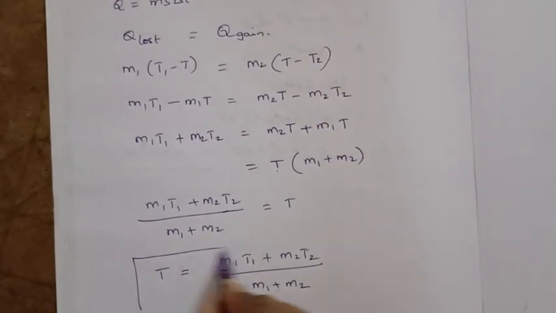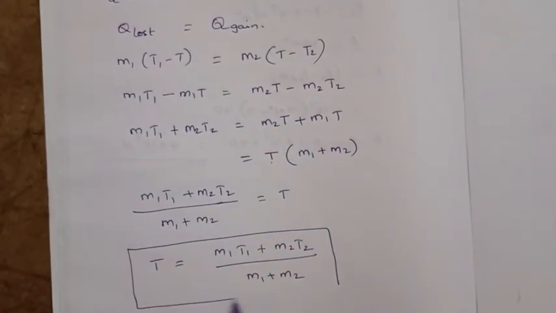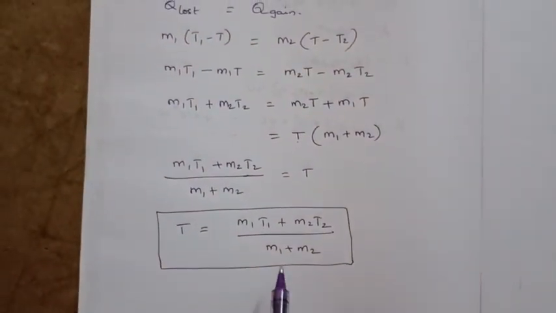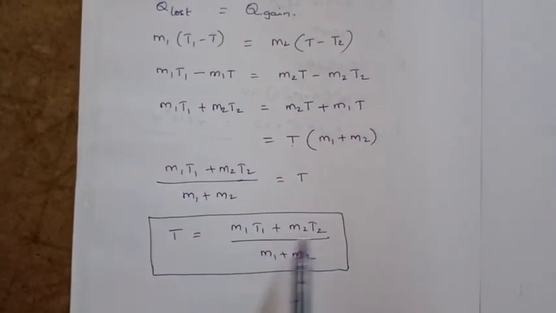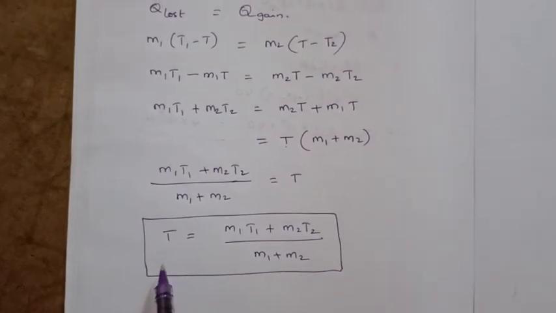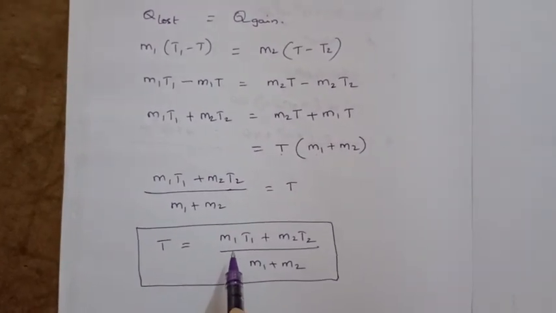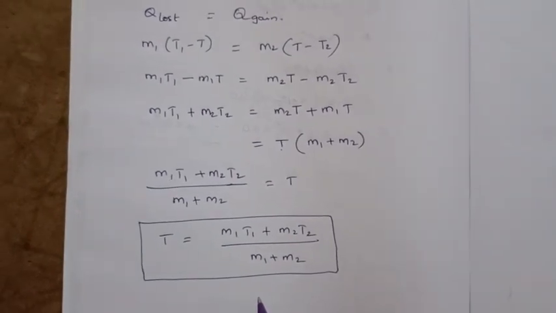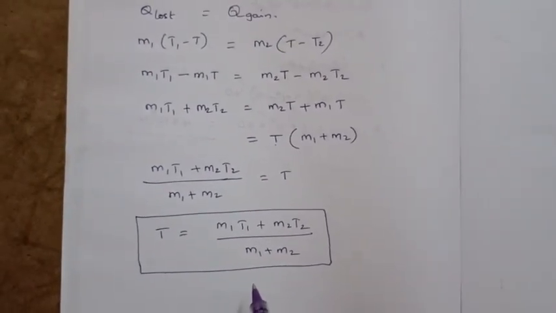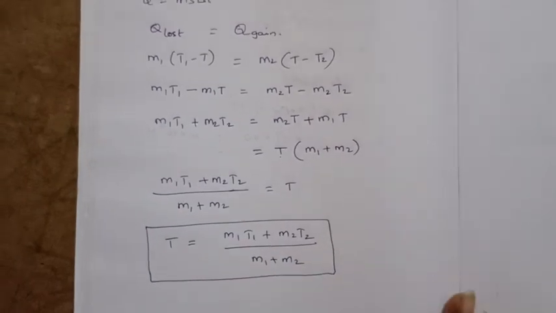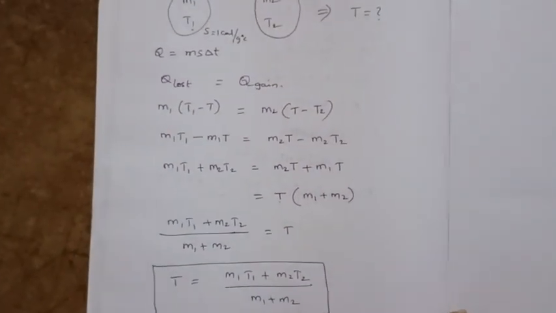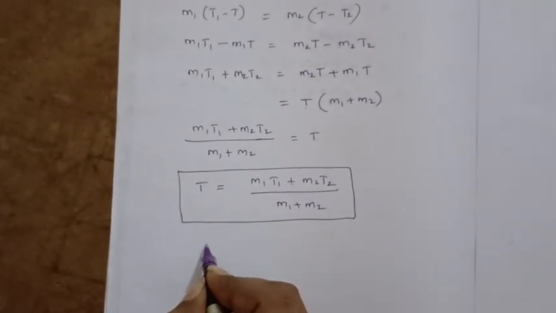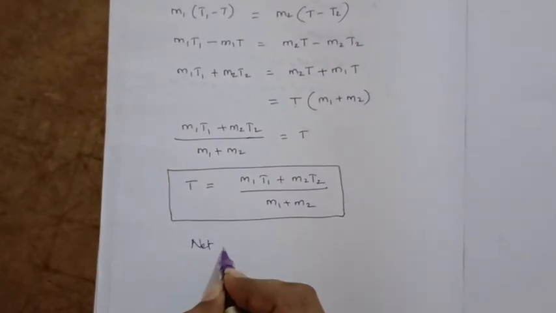This is the mixture of two liquids of the same nature with different masses and different temperatures. So the final temperature T equal to m1 T1 plus m2 T2 by m1 plus m2. For this activity we used the principle of method of mixtures. What is it?